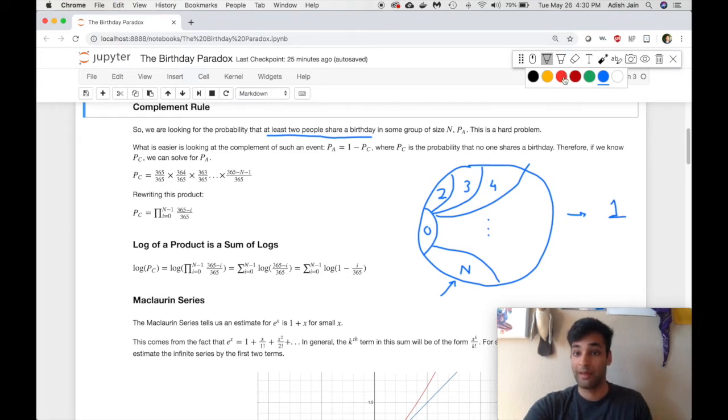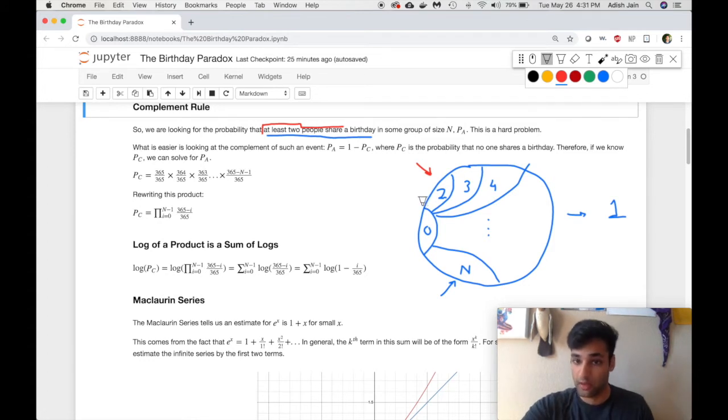And so by partitioning our probability space like this, now we can consider what partitions in this probability space comprise the event that at least 2 people share a birthday, right? And if you think about it, actually almost all of these events are part of this larger event that at least 2 people share a birthday.